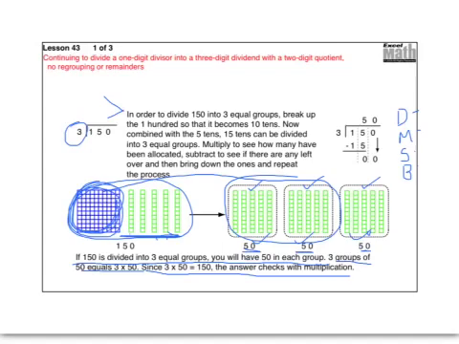And here's how they do the problem, written out in what we would call the algorithm. So you have 15 tens divided by 3. That's 5 tens. Notice that's written in the tens place, not the ones place. And then we multiply next the 5 times 3 to get 15. And then we subtract. 15 minus 15 is 0.